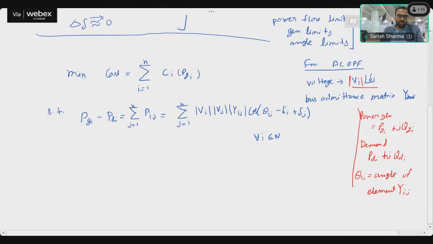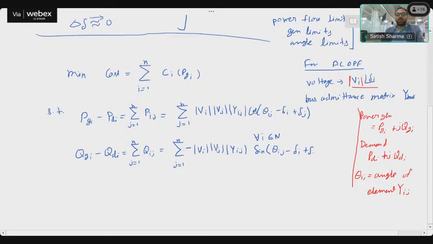Similarly, the reactive power flow formula is given like this: QGi minus QDi equals summation over j equals 1 to n of Qij, and Qij is given as minus of Vi, Vj, magnitude of Yij, and instead of cos it will become sine of theta ij minus delta i plus delta j.